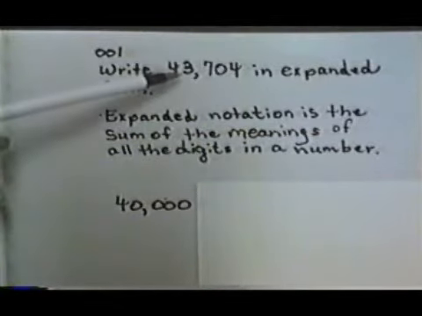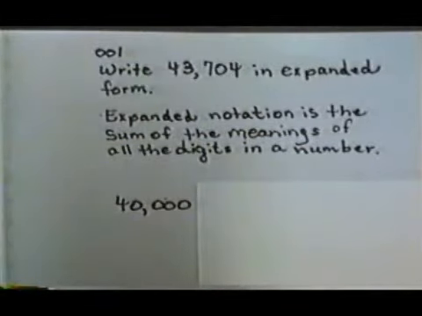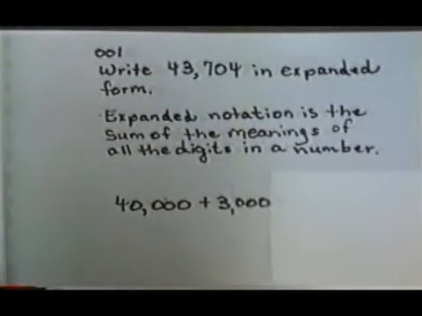The 3 is in the 1,000s place, so we have 3,000. So we take our 40,000 and add the 3,000s to it. Sum here means to add up the meanings of all the digits in a number.